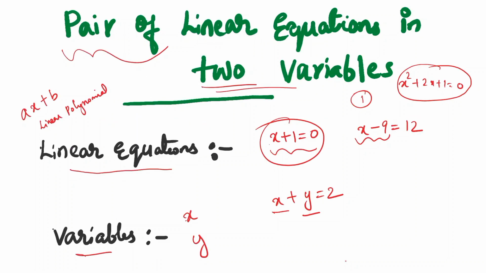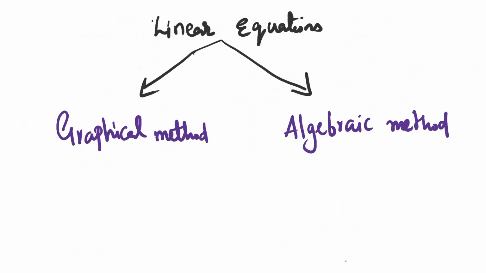If we have two equations, definitely we will get two lines to draw, right? We can represent and solve these equations using two methods, graphical method and algebraic method. We will discuss only the graphical method in this video.